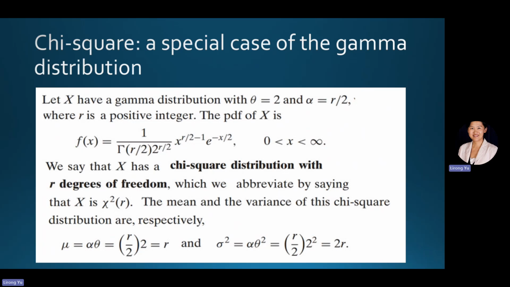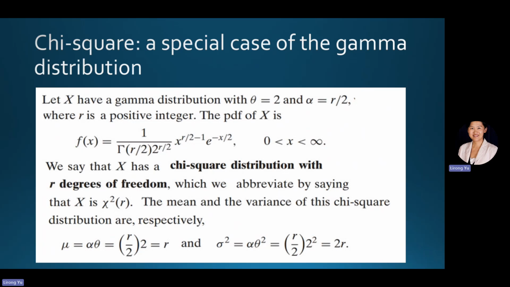Theta is 2, so 2 squared is 4, r over 2 times 4 is 2r. So chi-square distribution may be the only distribution where the variance is double the mean. That's one of the things we watch out for when you're determining what kind of distribution this is. You might want to calculate the statistics: what's the mean, what's the variance, and what kind of relation do they have?